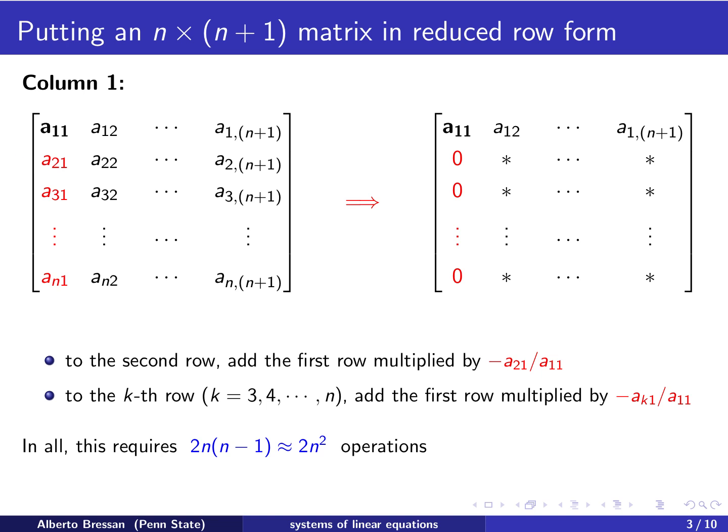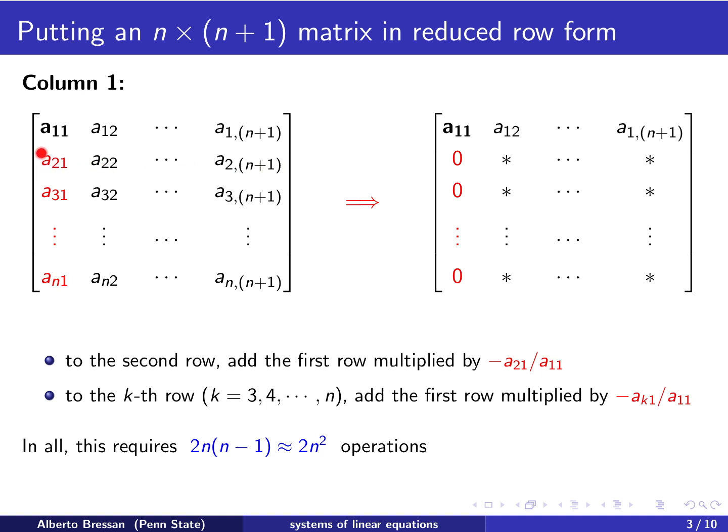What we need to do is multiply the first row by a number which is negative a21 over a11. There are n plus 1 such multiplications we need to perform, and then we have to add this on top of each of these.